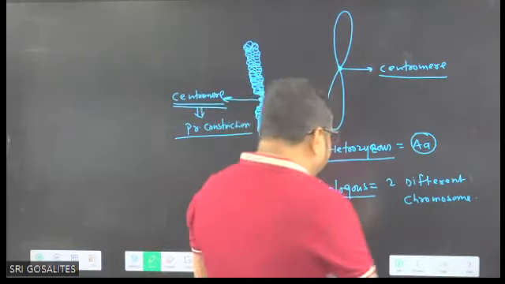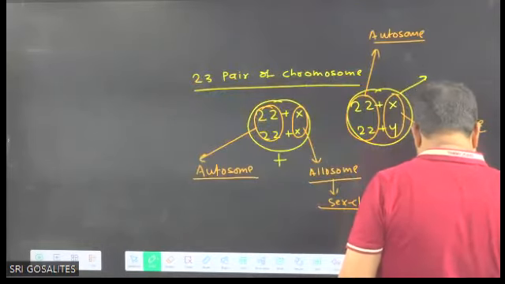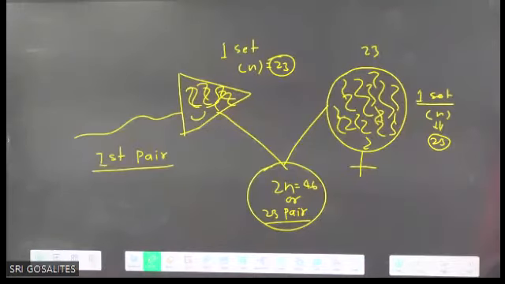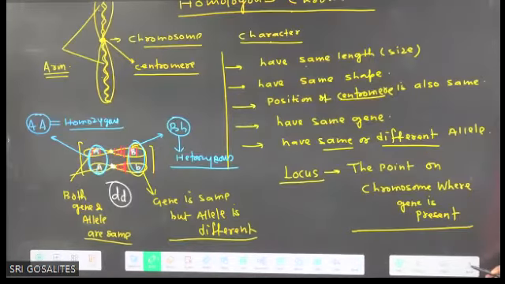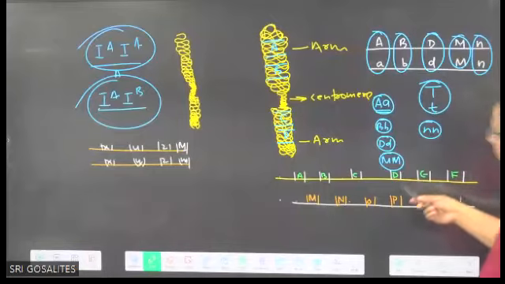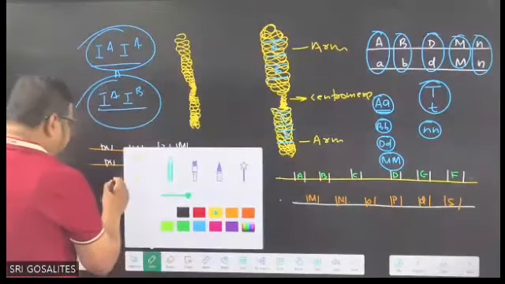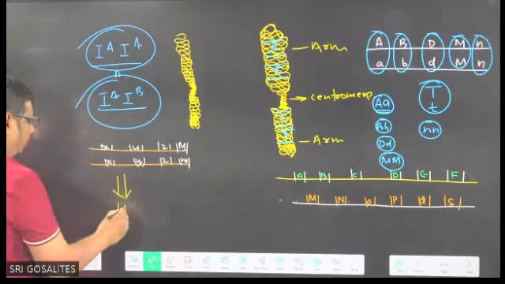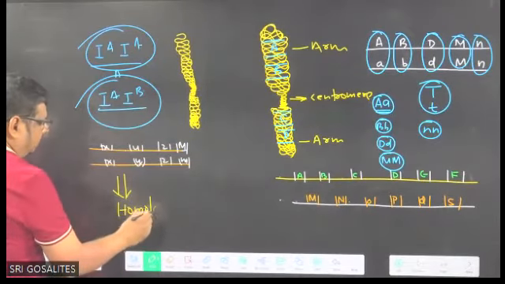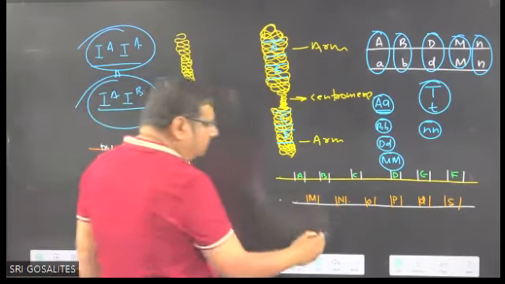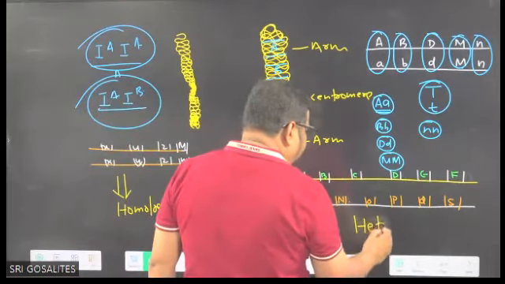I told it through the diagram, bhaiya. You just have a look. If you recall, I said about it. Look here. Here I told these two are homologous. And here is our heterologous.